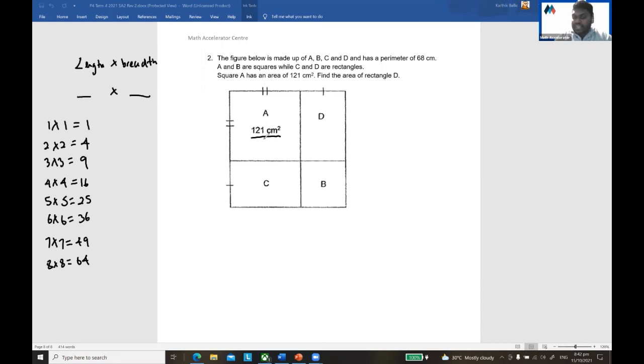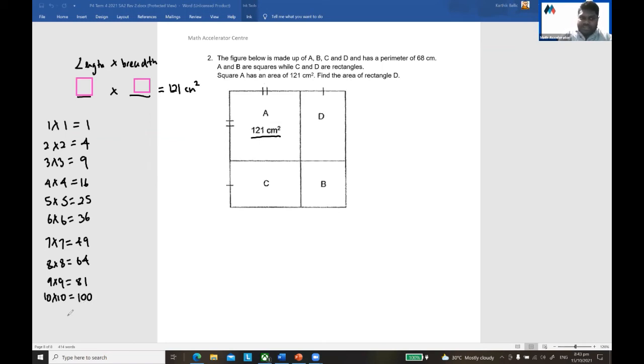Okay, so in this case, the area is 121 cm square, which means the number here and the number here has to be the same number, correct? Same number times same number will give you the area of a square, which is 121. So let's keep going. 9 times 9, 81. 10 times 10 equals 100.